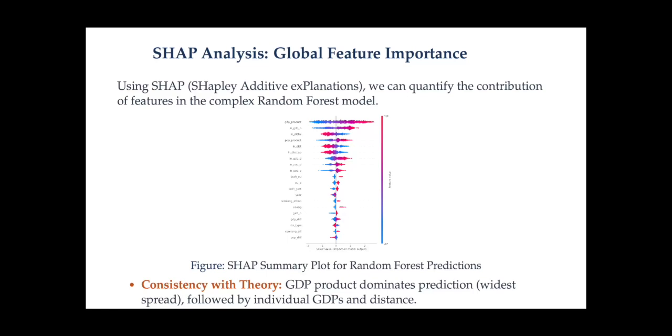So we can conclude that GDP product dominates the prediction, which is what the Newtonian gravity equation tells us, similarly applied to trade volume. So the assumption and the gravity model itself is not wrong at all. And that is the reason why we keep using the gravity model in the trade field to see how trade volume is determined.